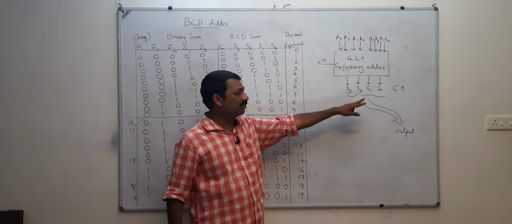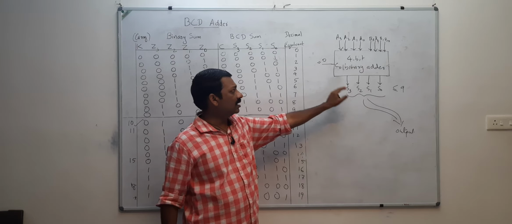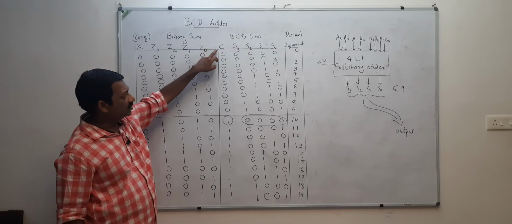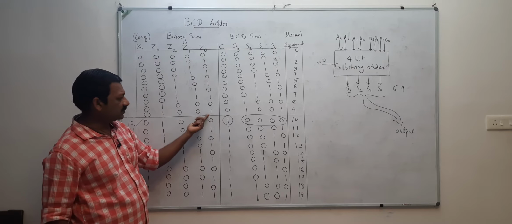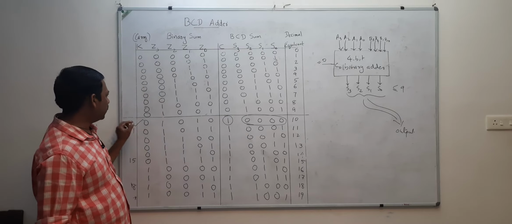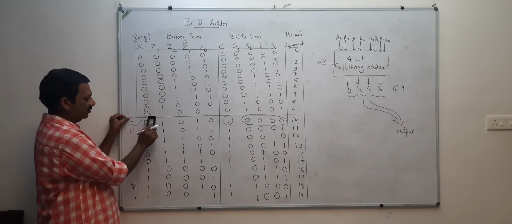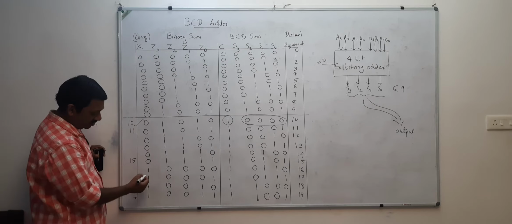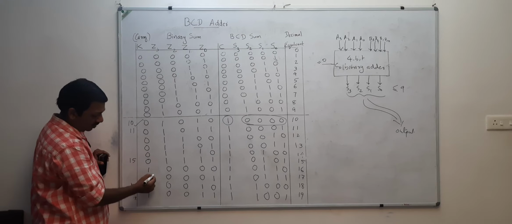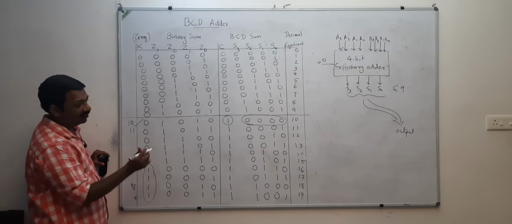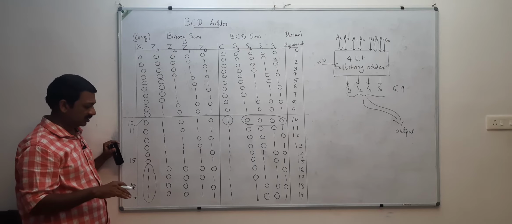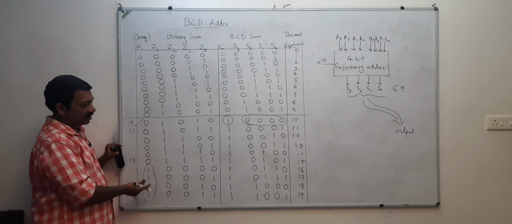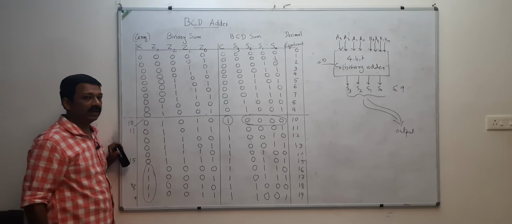But if it is more than 9, see, here up to this point there is no carry. And listen here, wherever the carry is equal to 1, that means when we have added two binary numbers, if there is a carry generated, then definitely you have to make that arrangement.